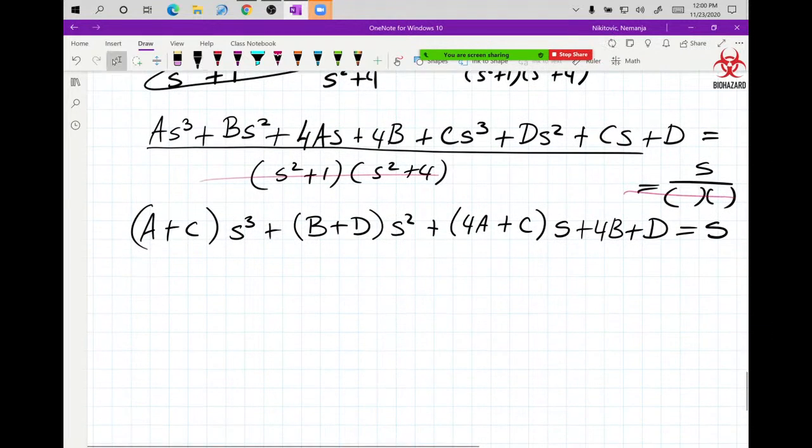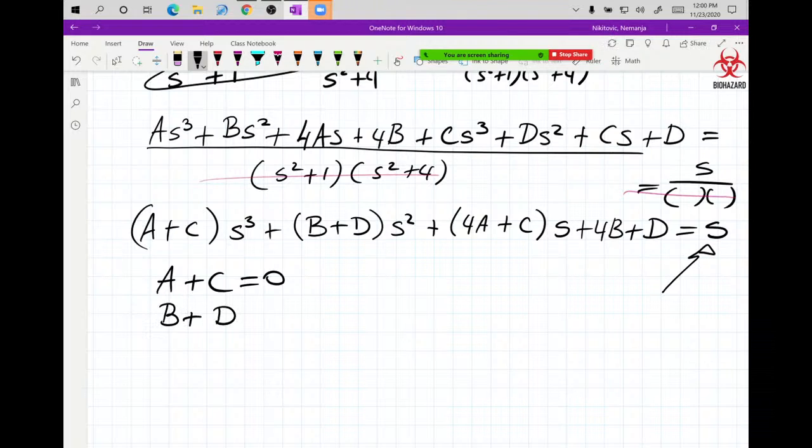All right, so a plus c is 0 because there is no cube term on this side. B plus d is 0. Again, there is no cube on that side. However, 4a plus c is equal to 1 because the coefficient of the linear s is 1. And then you have 4b plus d equal to 0.